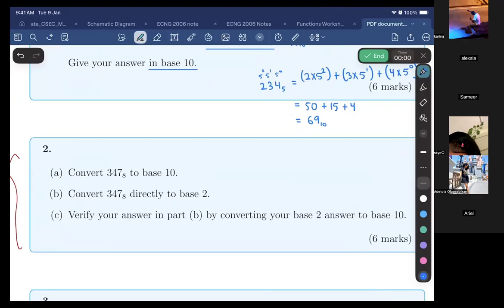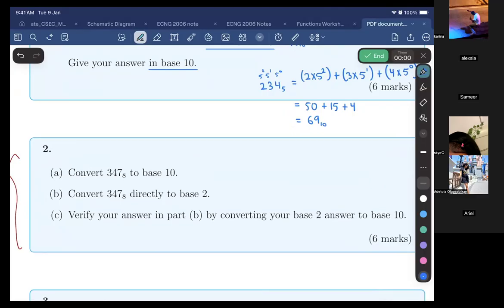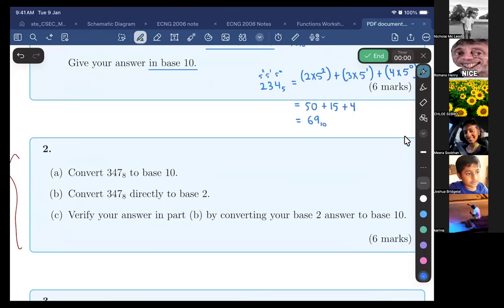All right, so people are having trouble with this. Let's get down to it and make sure we understand this properly. Mira, you there? Yes, sir. Give me a second.